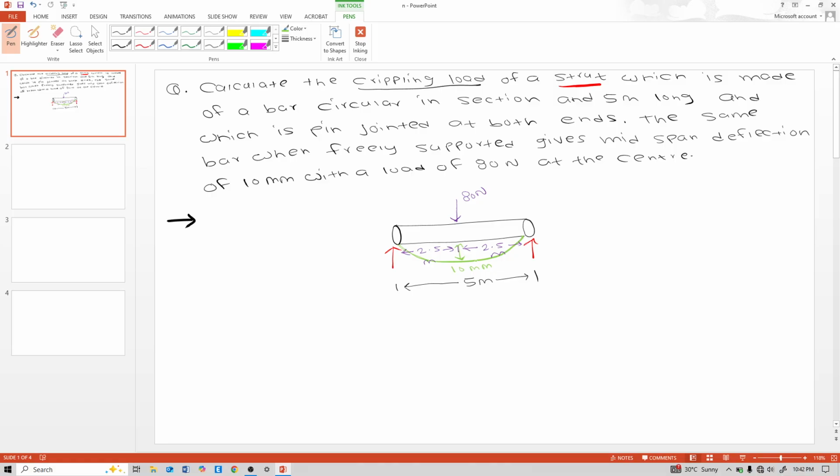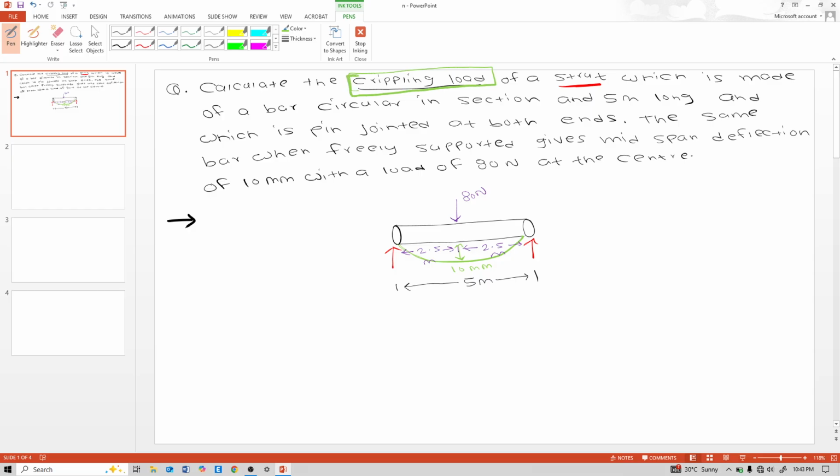So first understand the concept of this numerical. In this numerical they are talking about that deflection, and our objective is to find this crippling load.